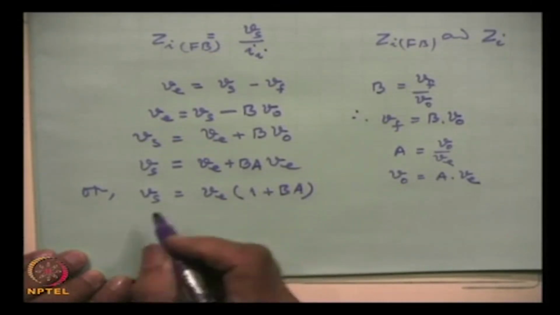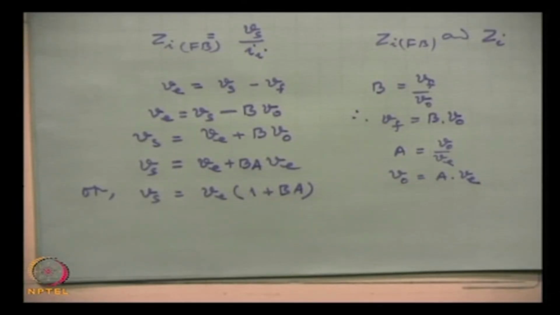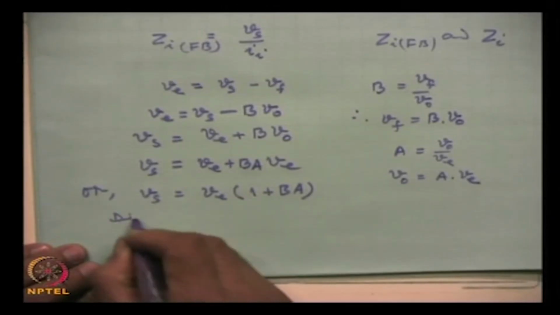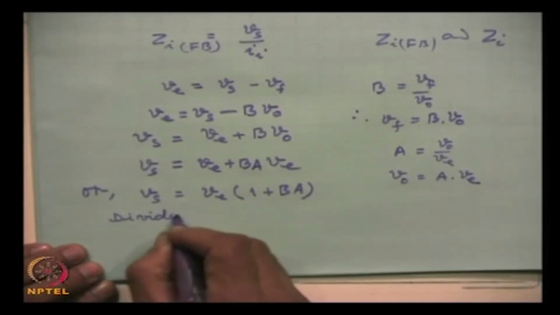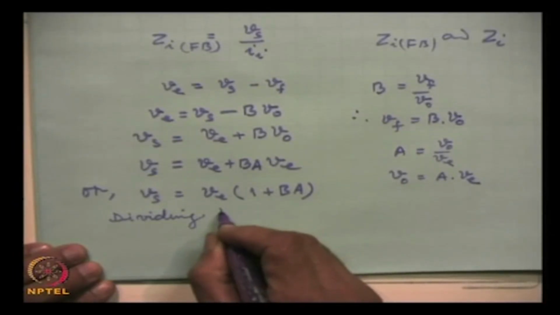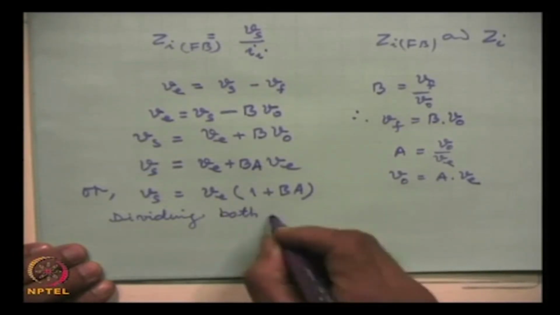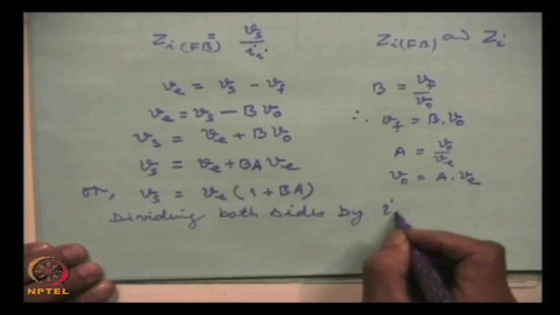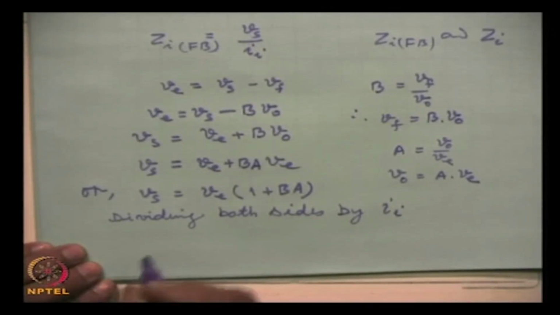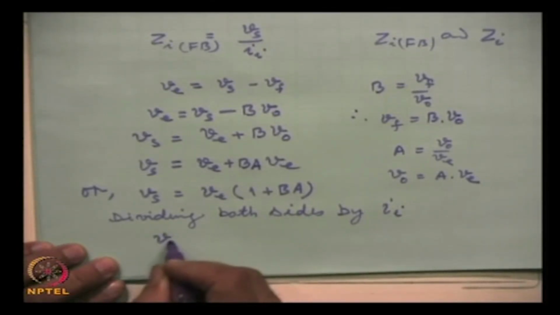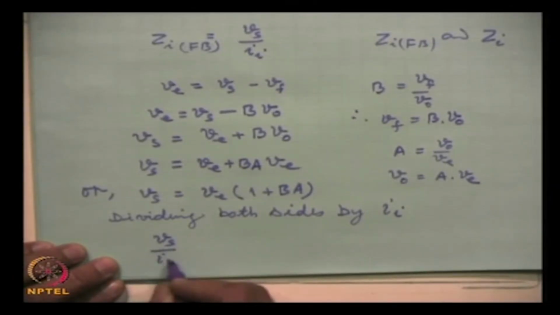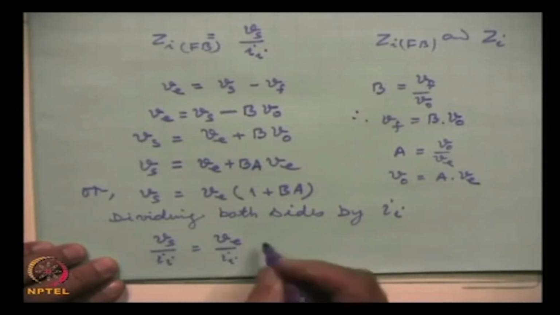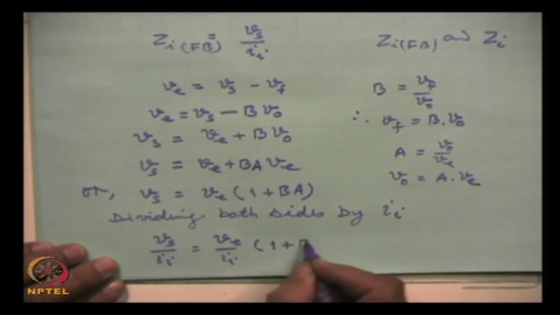From here we can immediately obtain, if we divide both sides by I, the input current, we get Vs by I equal to Ve by I into (1 plus B A).